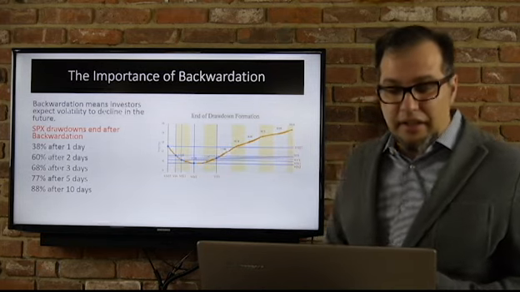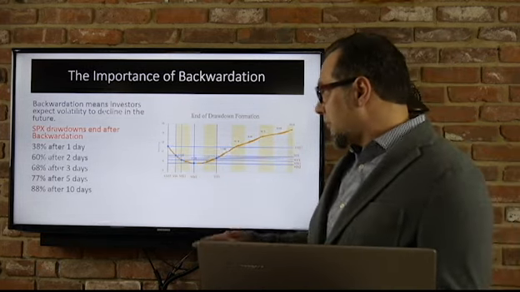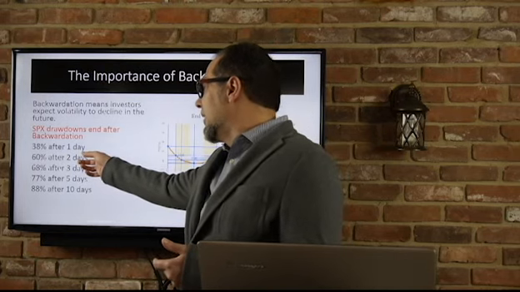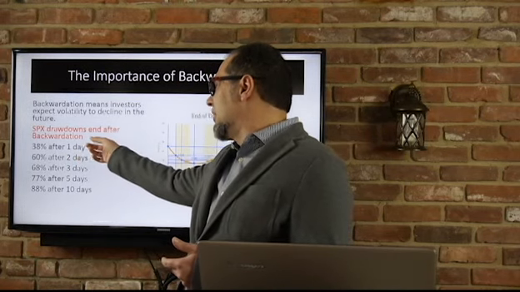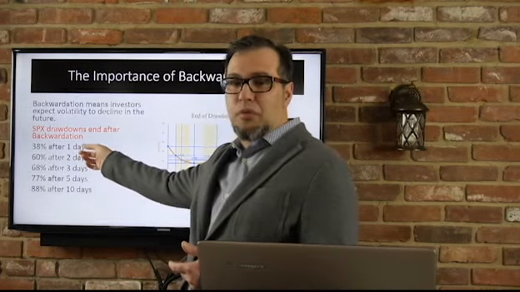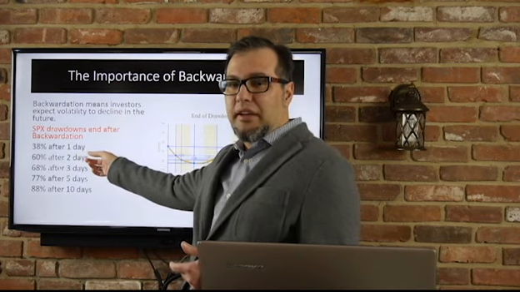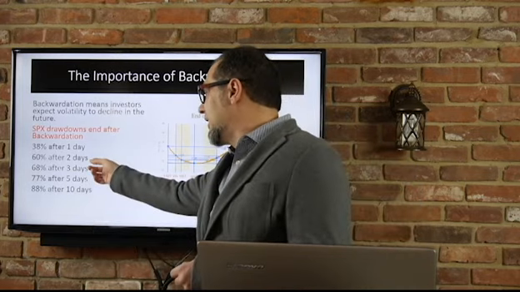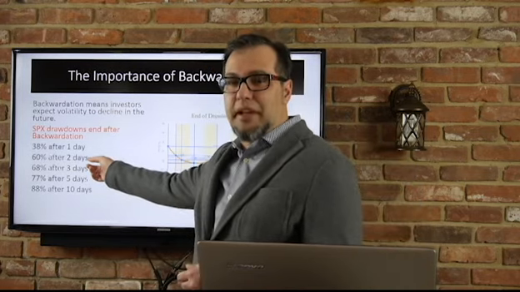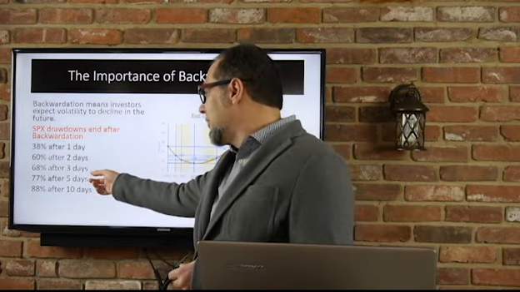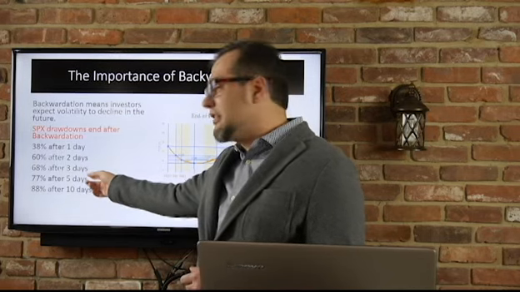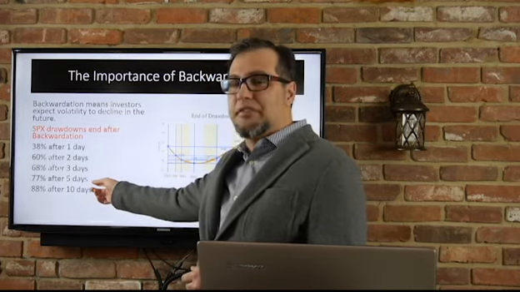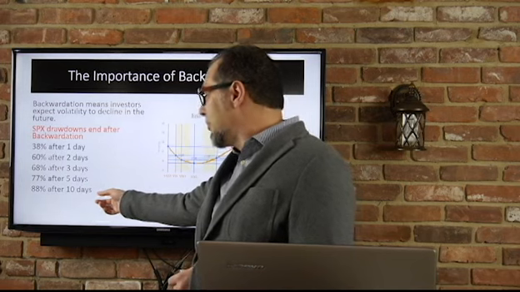And as a matter of fact, 38% of the time, SPX drawdowns end after 1 day. After 2 days, they end 60% of the time, after 3 days, 68% of the time, after 5 days, 77% of the time, and after 10 trading days, 88% of the time.